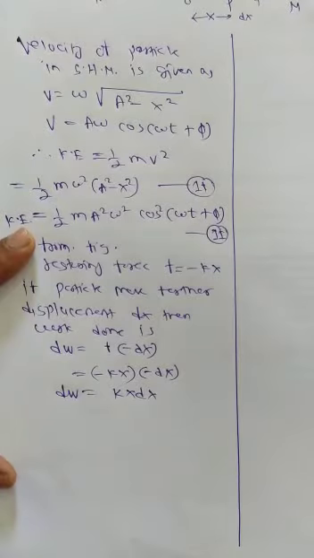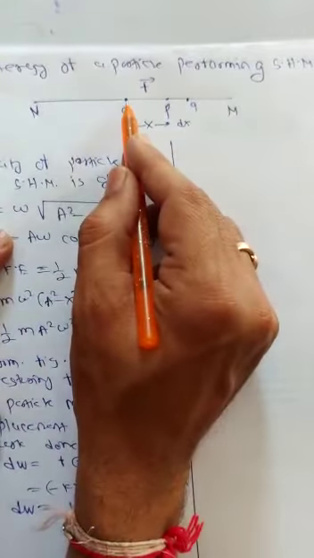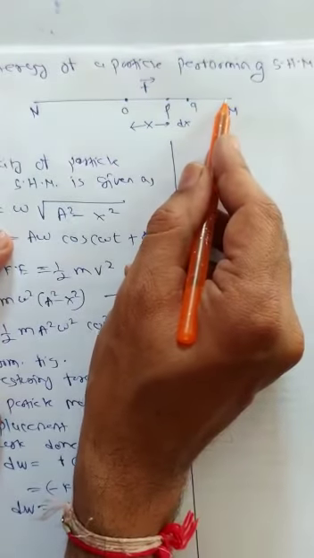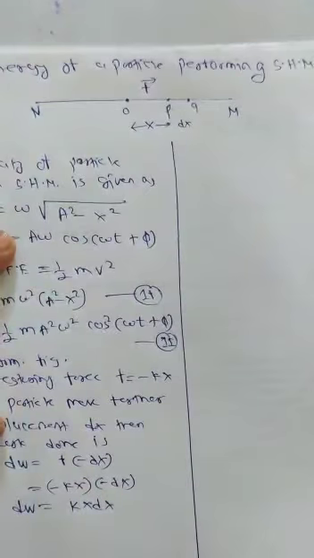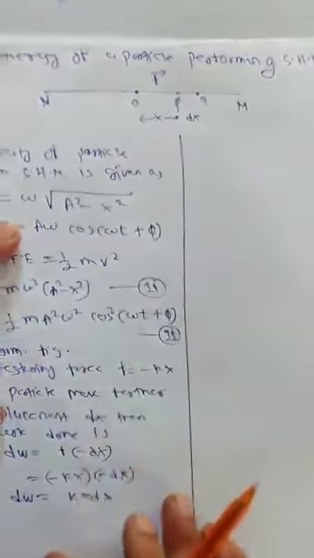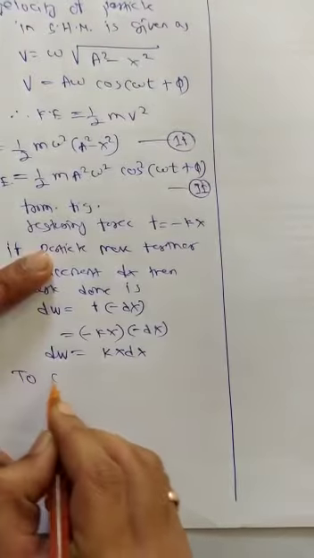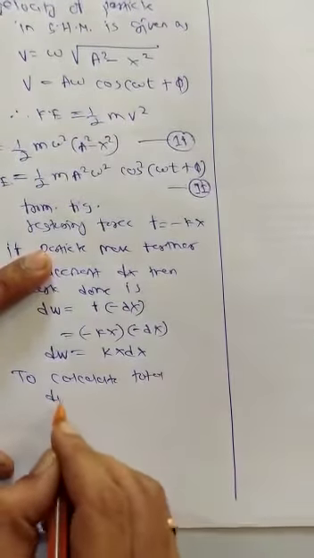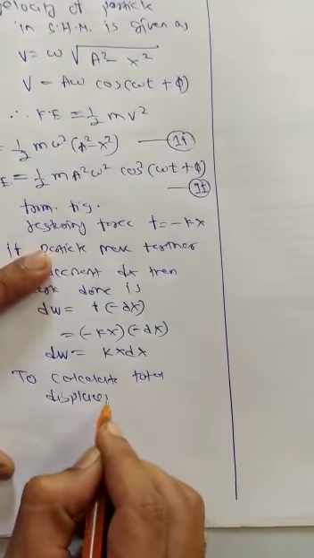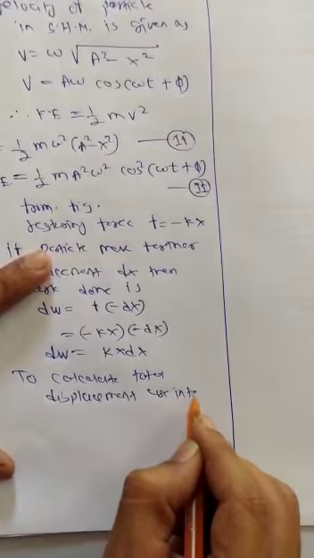To calculate the total work done on the particle from point O to point M, we have to consider integration. Why integration? Because this path is continuous, so to calculate the total work we use integration.